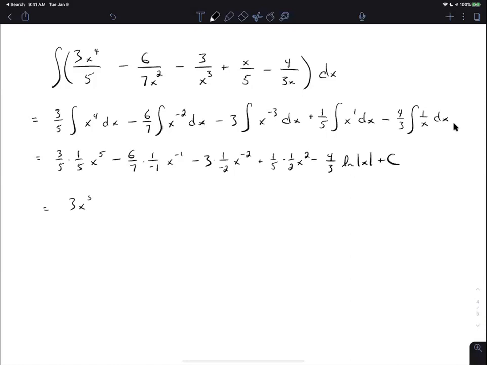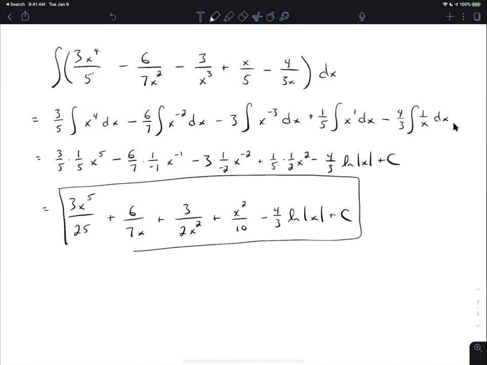Now that simplifies to 3x to the 5th over 25 plus 6/7x plus 3/2x squared plus x squared over 10 minus 4/3 natural log absolute value of x plus c.